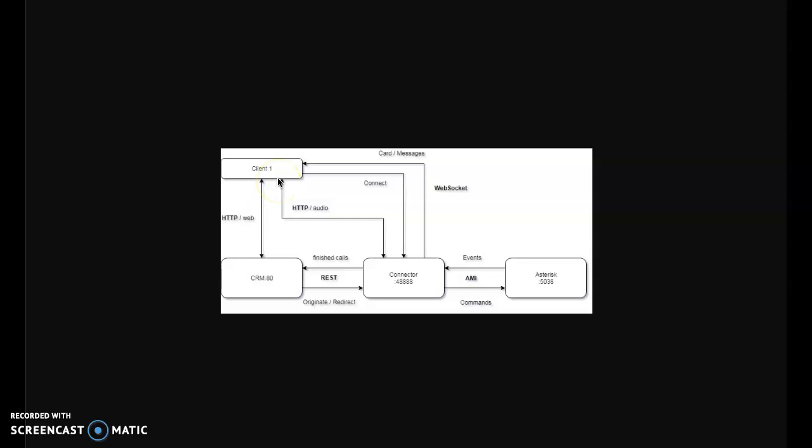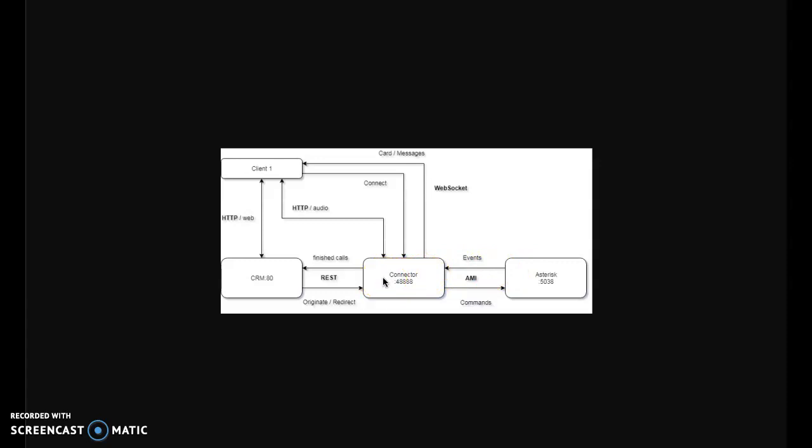The next function is to let you listen to audio recorded by Asterisk, if you need that function. The connector has direct access to the call recording files located on the Asterisk server. That's why we recommend setting up the connector on the Asterisk server.